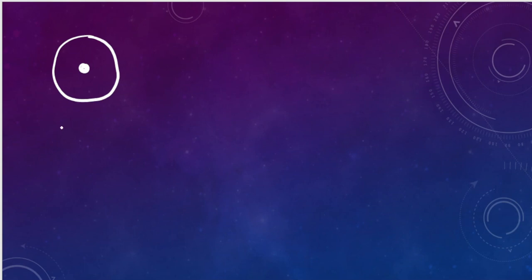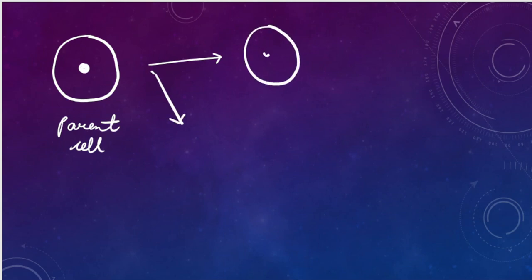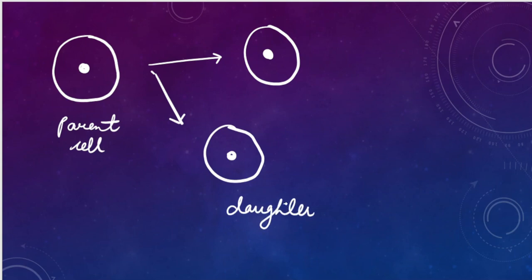This one cell we can call the parent cell. This parent cell divides itself into two daughter cells. This is one cell and this is one cell, so these are the daughter cells. There is formation of two daughter cells. This division of one cell into two cells is known as cell division.